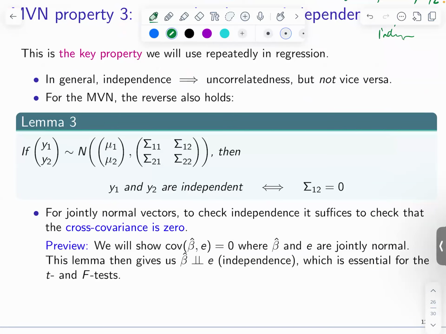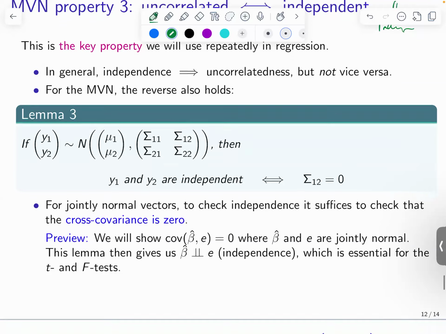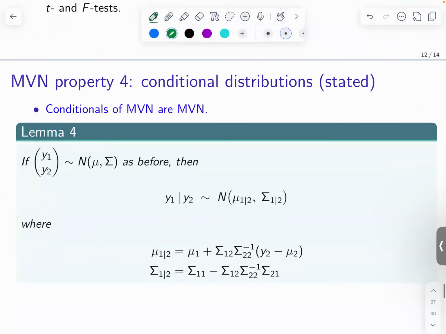Almost done. The last piece of information, which we're going to talk about briefly at the start of the next lecture, is that conditional distributions of a multivariate normal are also multivariate normal. So if I know y2, the conditional distribution of y1 given y2 is normal.